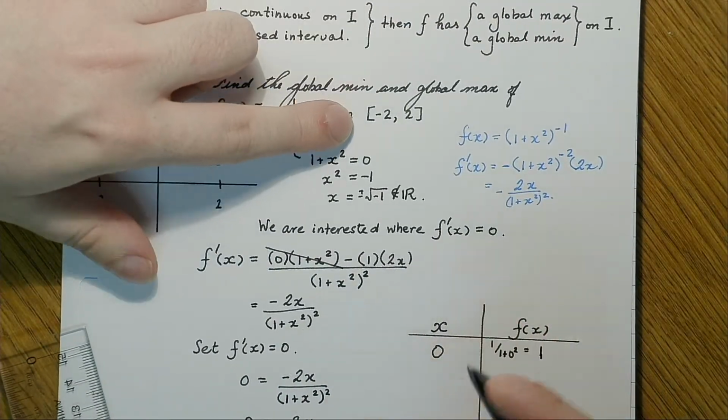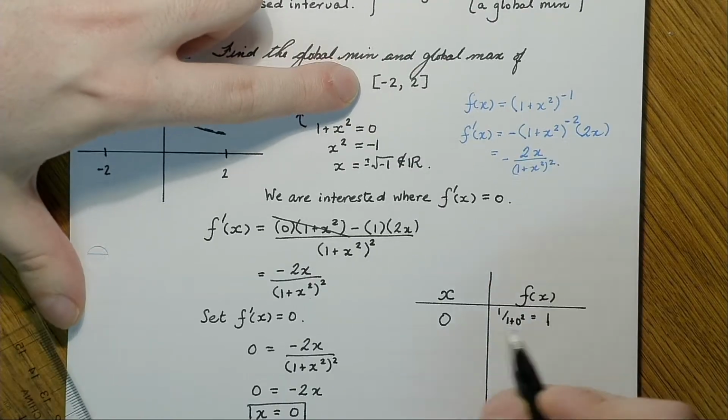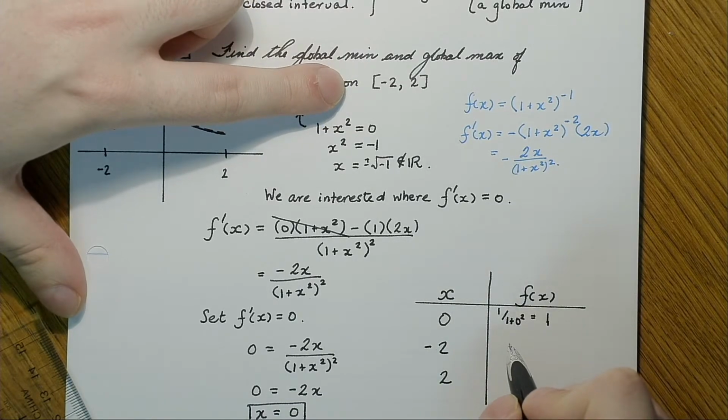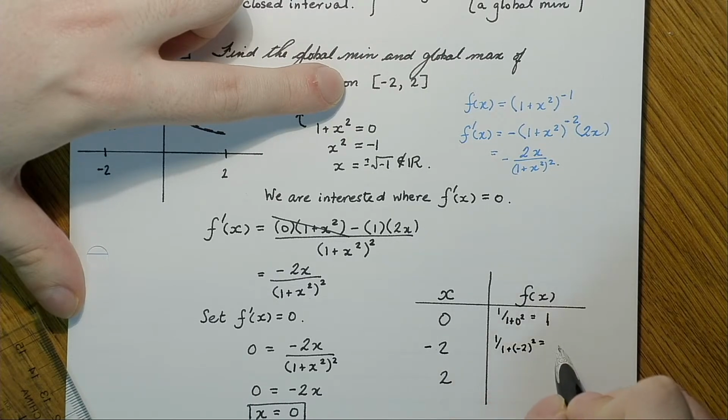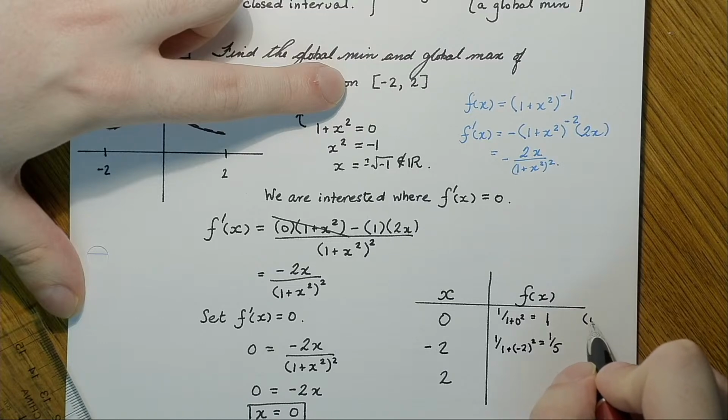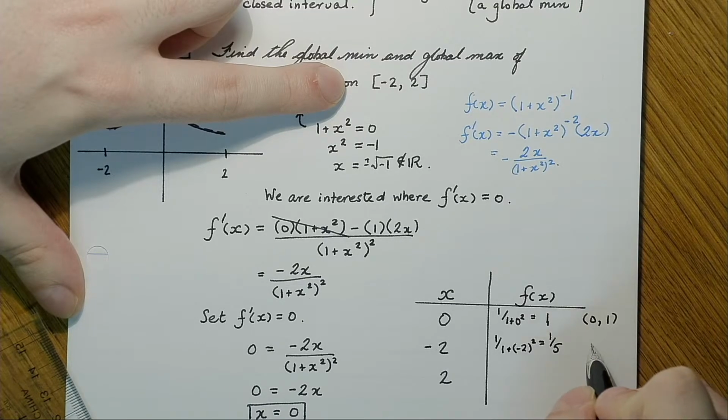Now we are given the endpoints here: we're given minus 2, and we're also given 2 as well. So I get 1 over 1 plus minus 2 squared, which equals 1 over 5. So I got 0, comma 1, and minus 2, comma 1/5.